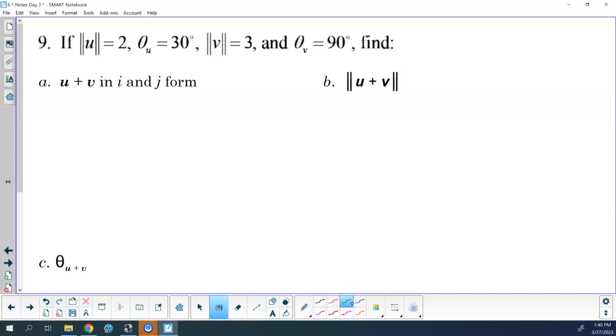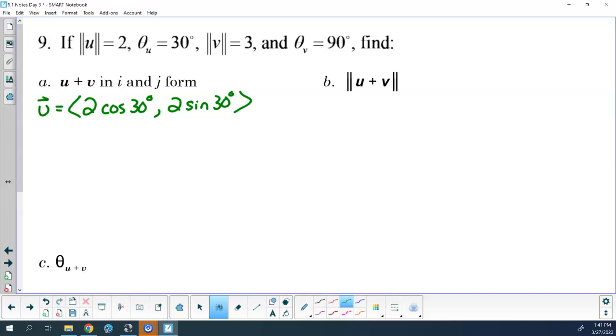So first we need to find vector u in component form. The magnitude of u is 2. The direction angle of u is 30 degrees.